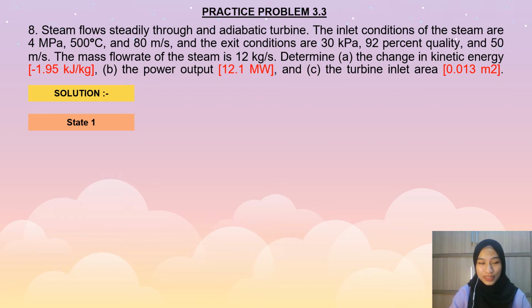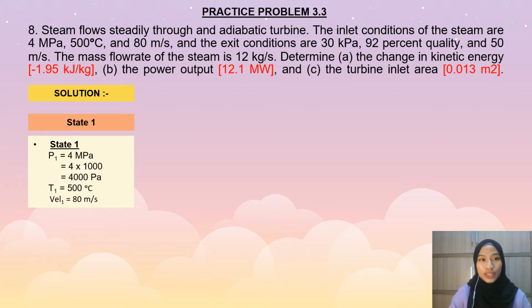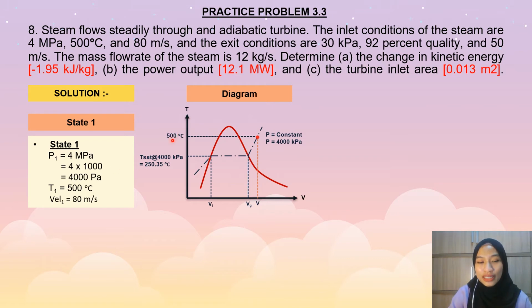Okay, state 1. To find its phase, it provides us the value of pressure and temperature, so we can use a T-v diagram. Here, we can see that the temperature given is more than the saturation temperature at 4000 kilopascal. That means its phase is superheated.